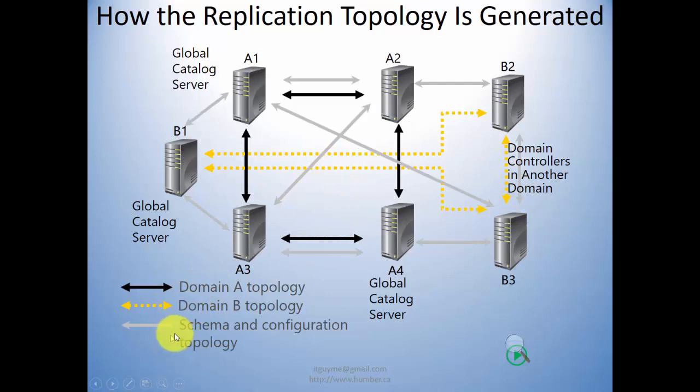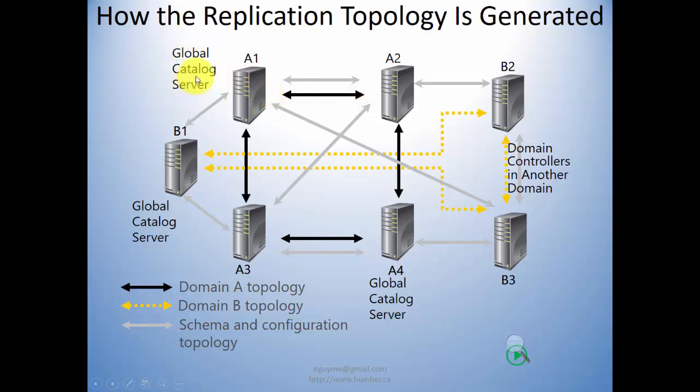What is this? Schema and configuration topology is represented by gray lines. Domain A topology and domain B topology, right? Domain A global catalog server, all black arrows. You can see where the black arrows are going.